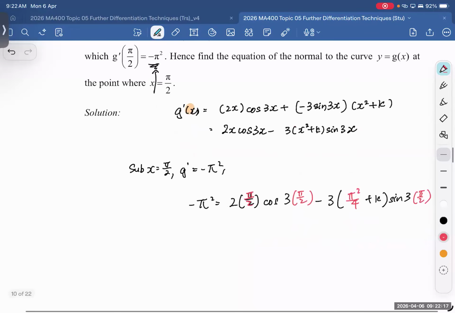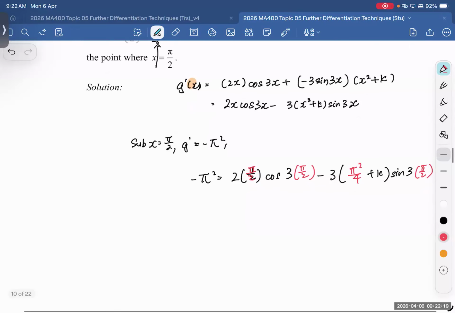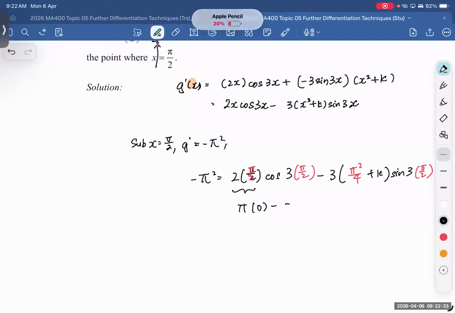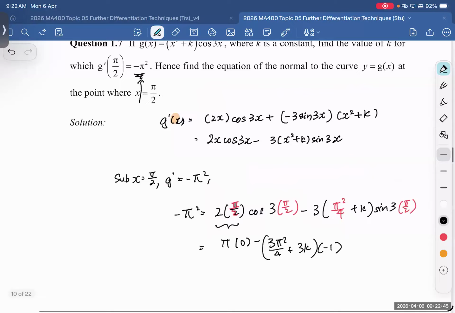Just work this out slowly. 2 times pi over 2, this will just be pi. Cosine 3 pi over 2 will just be 0. Minus 3 pi squared over 4 plus 3k. Sine 3 pi over 2 is negative 1. This is equal to negative pi squared.